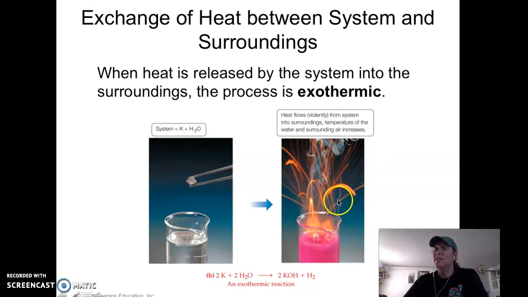So now the surrounding area is hotter, so the system must have given it that heat. If heat is released from the system into the surroundings, then the process is exothermic. So endothermic, it's going to get cooler. Exothermic, it's going to get hotter.